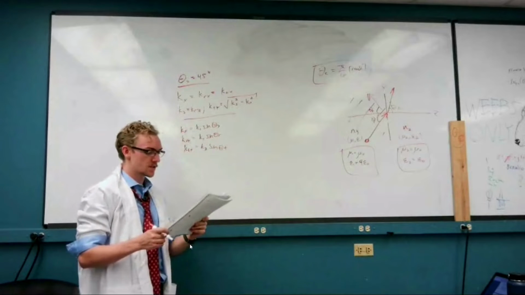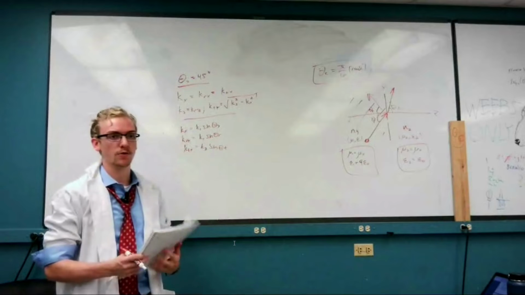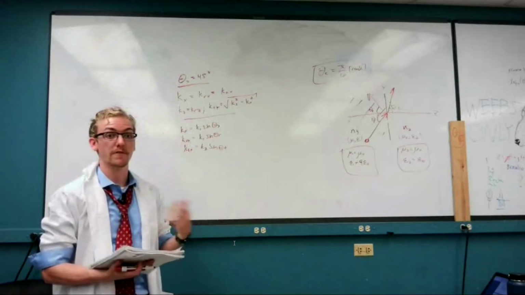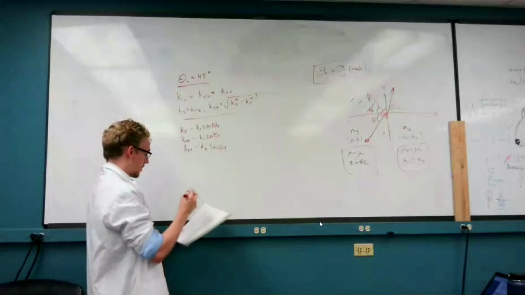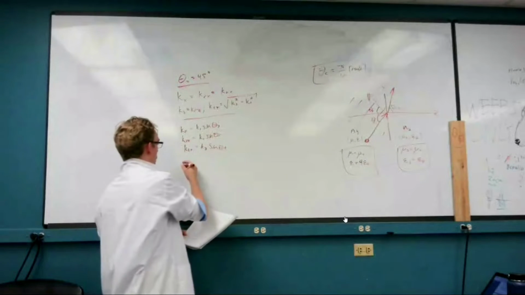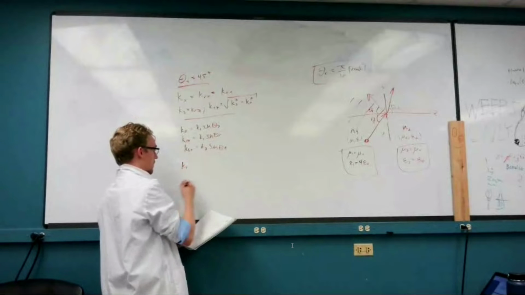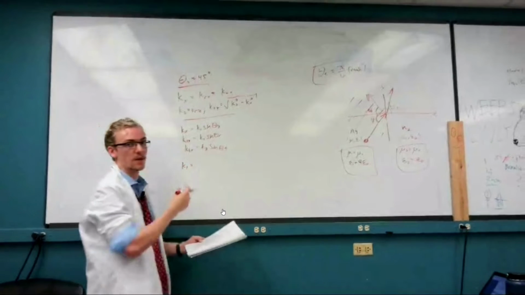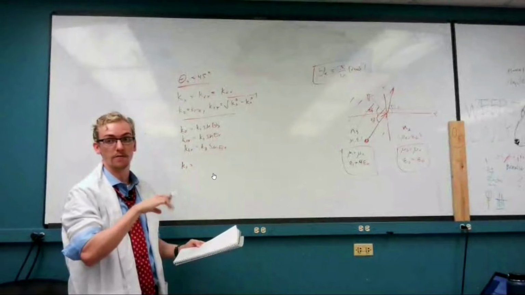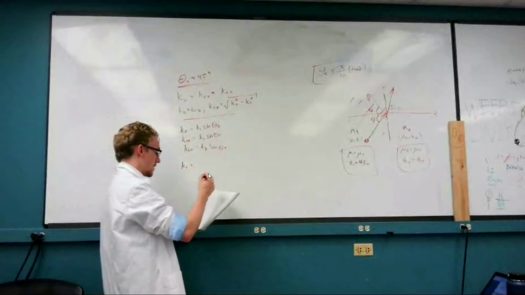So in this case, it's really just a matter of picking the correct equations to solve for the values you need. We'll begin with k1, remembering the definition of wave number in a homogeneous medium is omega times the square root of mu epsilon.